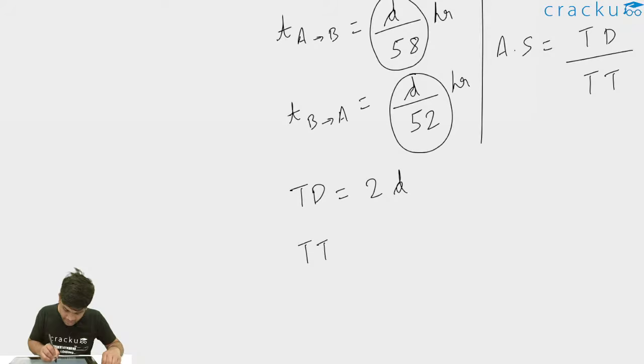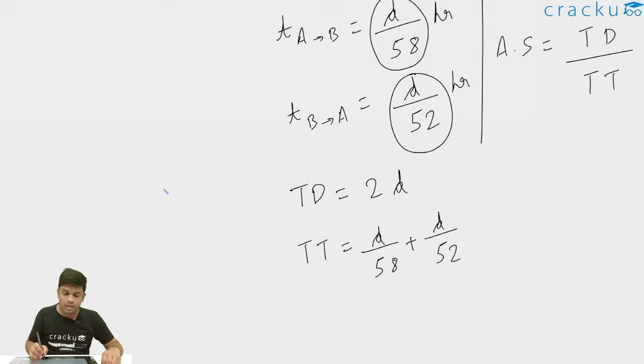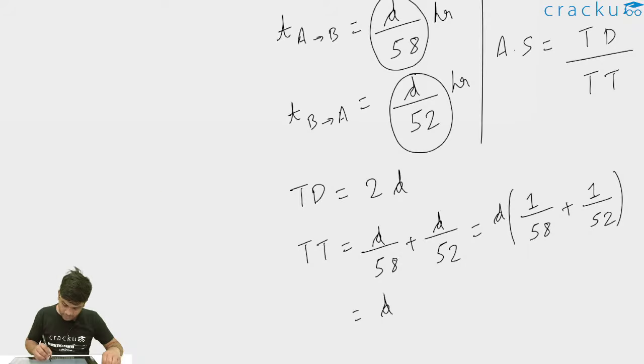So total time will be d by 58 plus d by 52. So we can take d common. So it will be 1 by 58 plus 1 by 52. From here, since 1 by 58 and 1 by 52 are fractions, we will take the LCM.